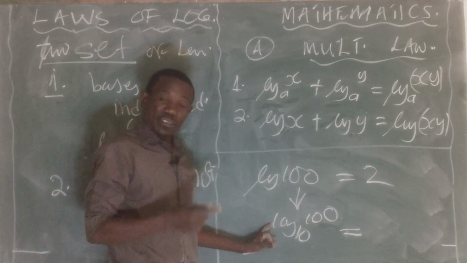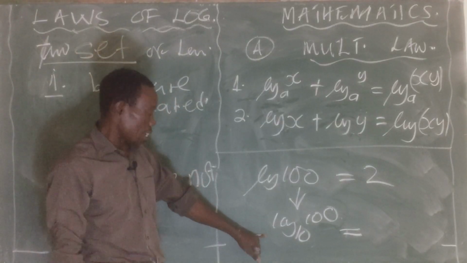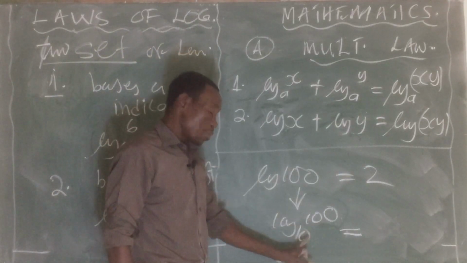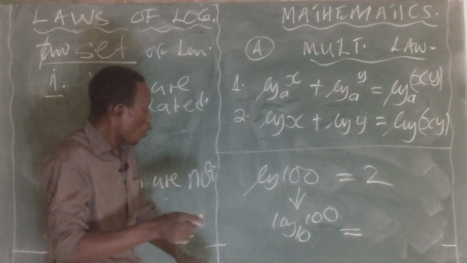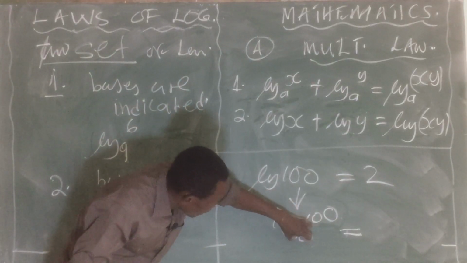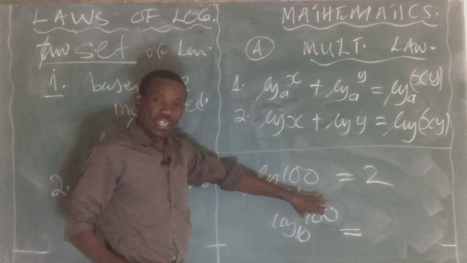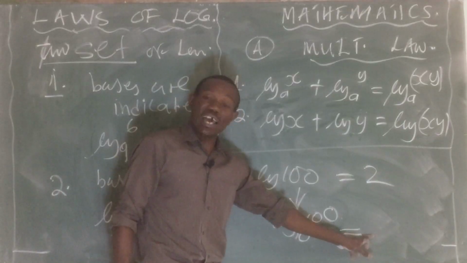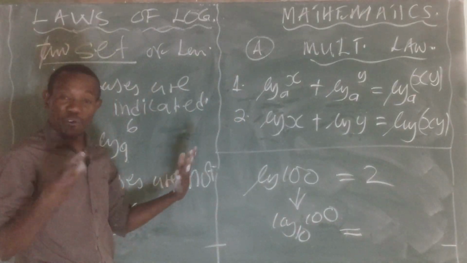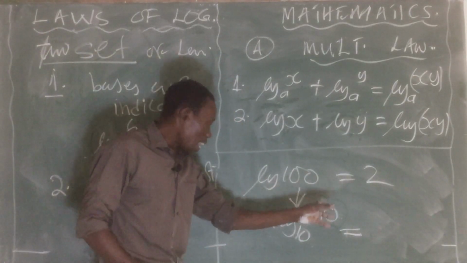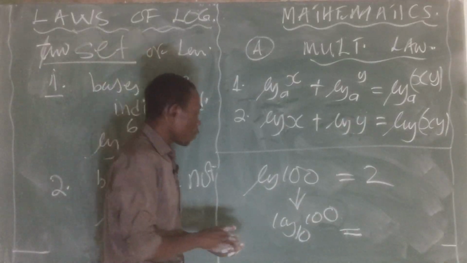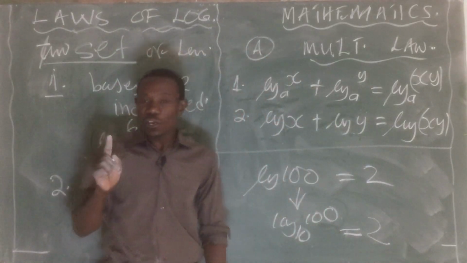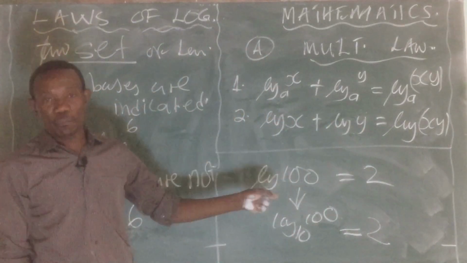Earlier, when we were discussing logarithm of numbers, remember what I said. When you write log of 100 to base 10, it simply means how many 10s can we multiply to get 100. That number of times is what you write as the answer. The number of 10s that I can multiply to get 100 is 2. That's why on the calculator, when you press log 100, definitely it is a 2.